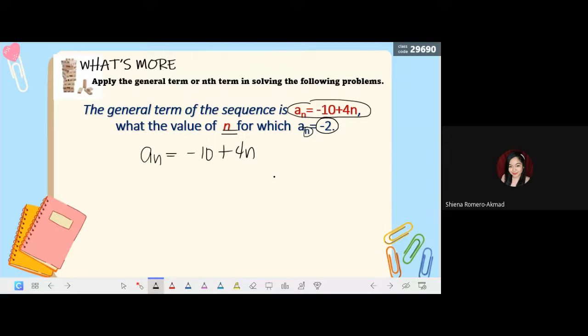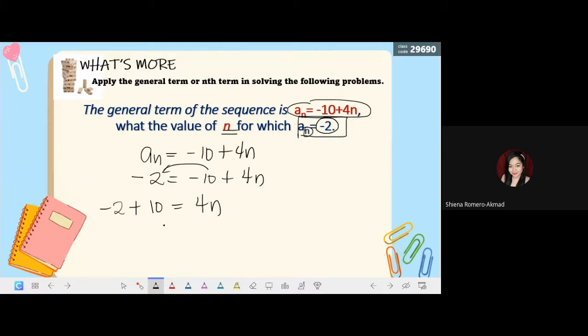So, ano na lang gagawin natin ngayon? All we have to do is to substitute this to a sub n. So, we have negative 2 equals negative 10 plus 4n. Okay? Transpose natin to, we'll have negative 2 plus 10 equals 4n.